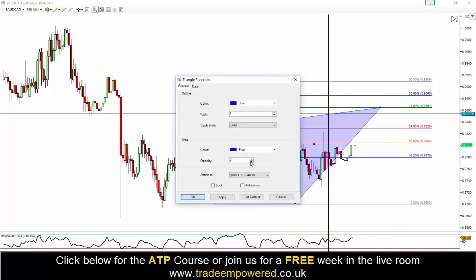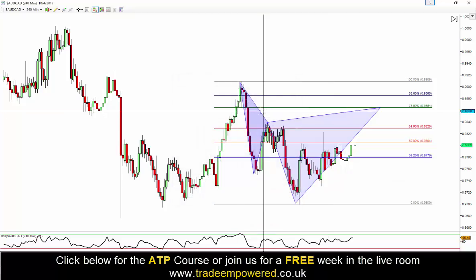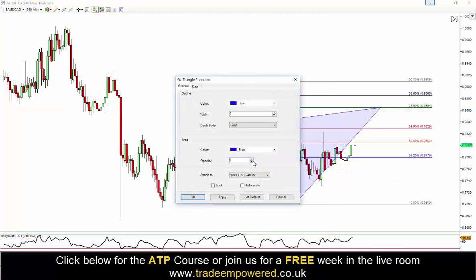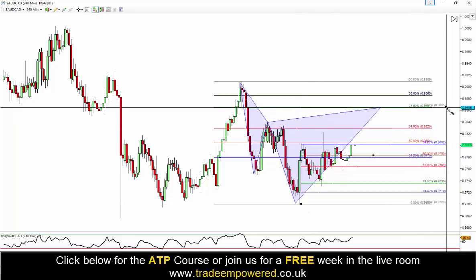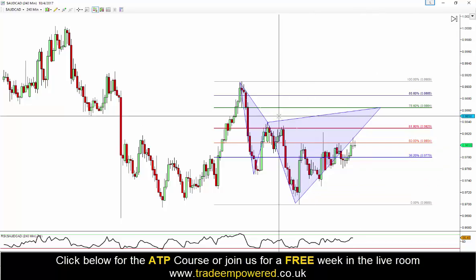I'm just going to lighten this down a little bit because I'm going to draw a couple of patterns on here. Okay, so we've got our Cipher pattern at 98.64. Obviously your stops will have to be whatever your stop loss rule is above X, and then your targets, if you're taking conventional targets, you might use a fib retracement tool to build out those ratios for your targets. Okay, so that's the first one.